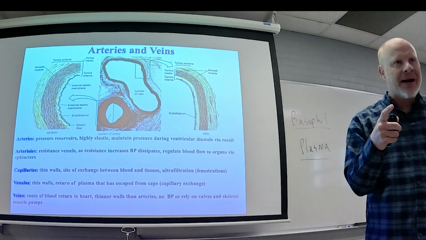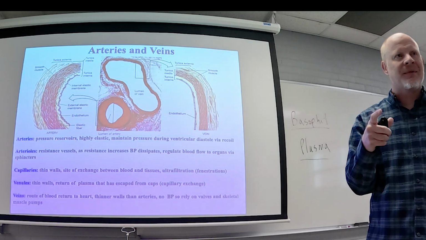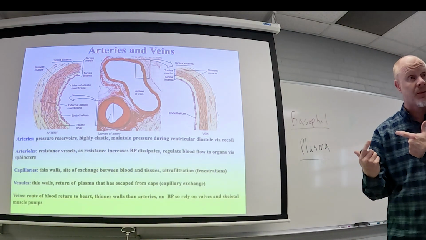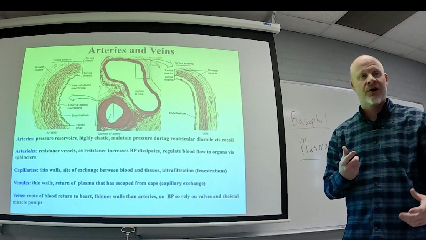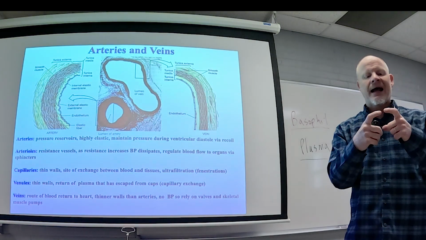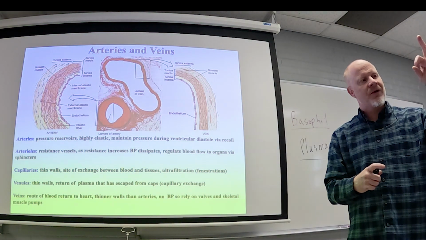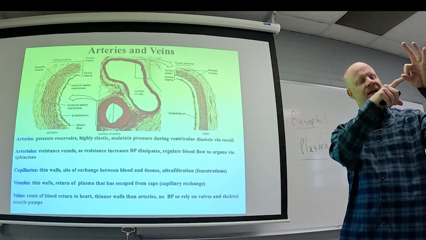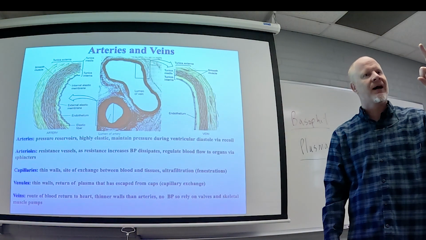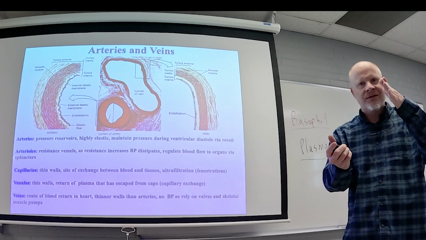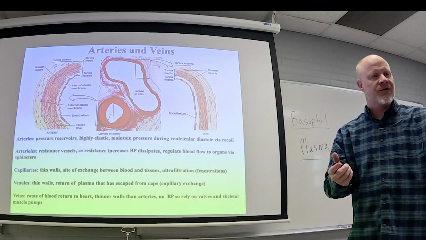Well, I could give you the mathematics behind it, the physics behind it. I mean, it's pretty easy. I can show you the formula that you don't have to memorize, that kind of shows you the math. But in reality, things stick to the walls. So the lower the diameter, the less volume, the more time you're going to spend hitting the wall, right? And when you hit a wall, it produces friction.